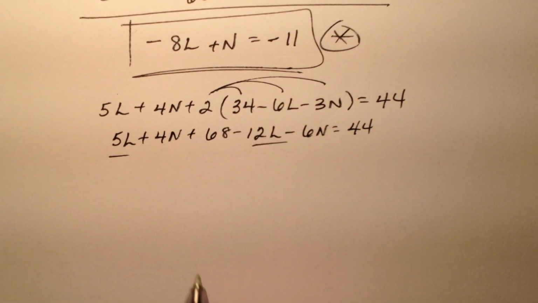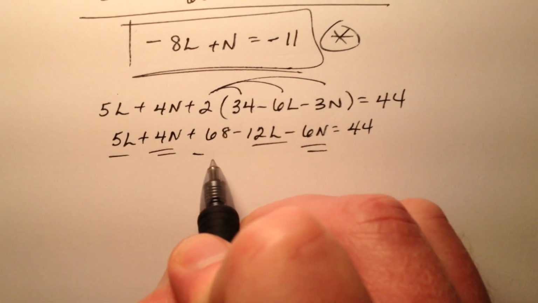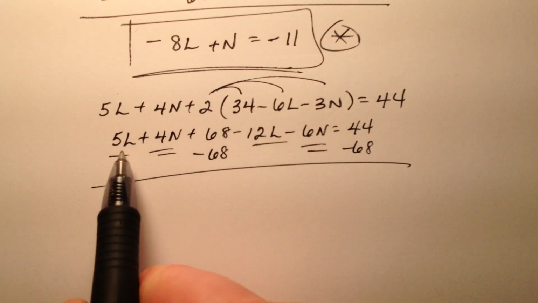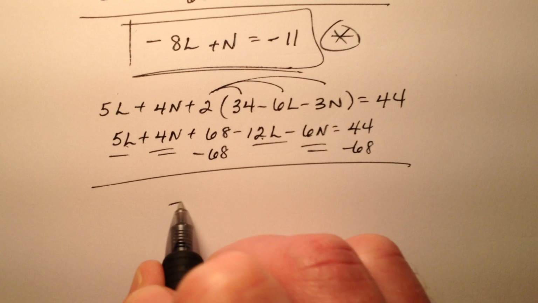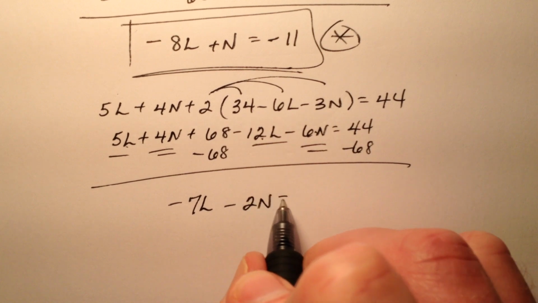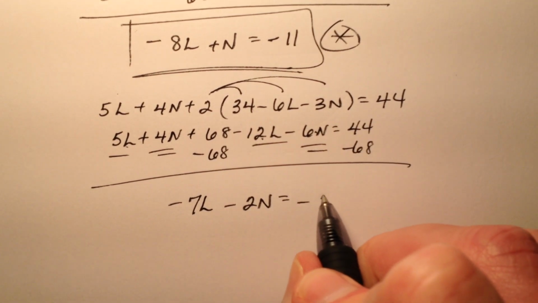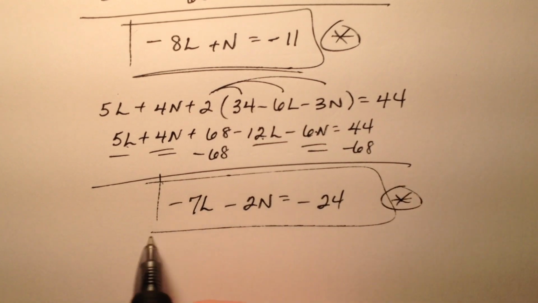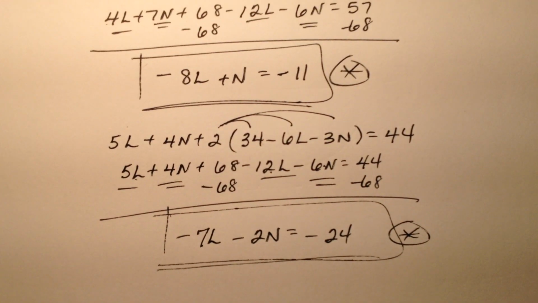So once again I can combine the L's and the N's and subtract 68 from both sides. So 5L minus 12L is negative 7L. 4N minus 6N is negative 2N, and it looks like that's going to equal a negative 24. Okay, so here is our second important equation.